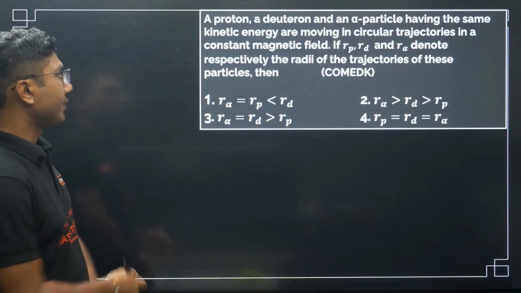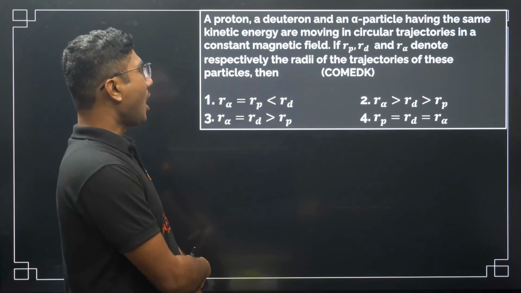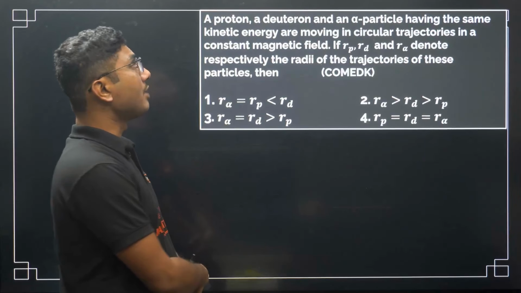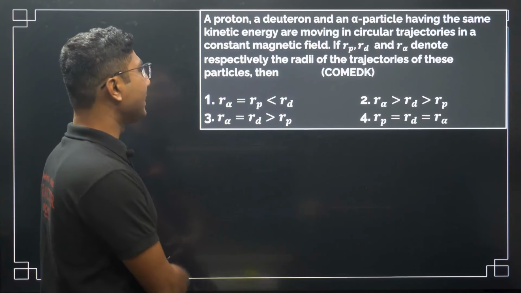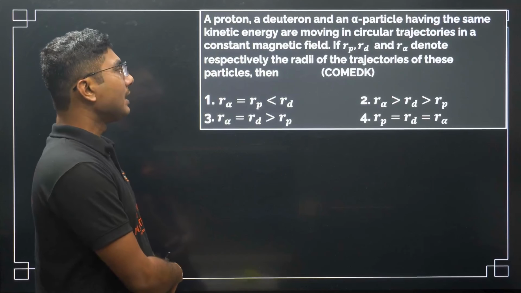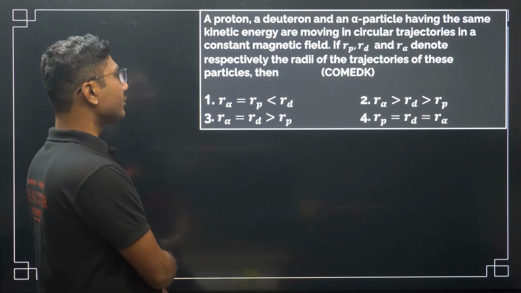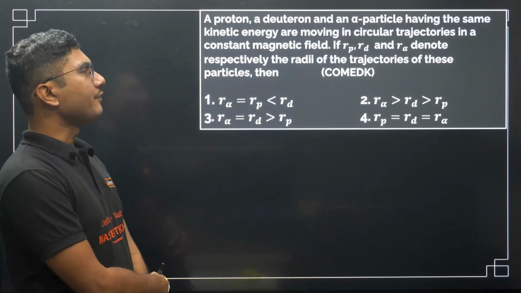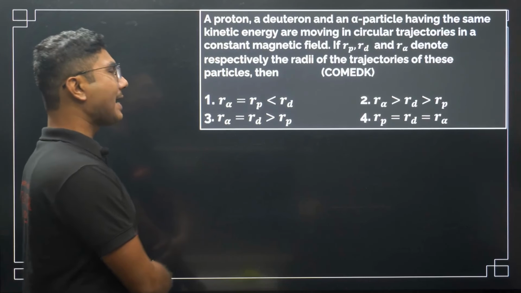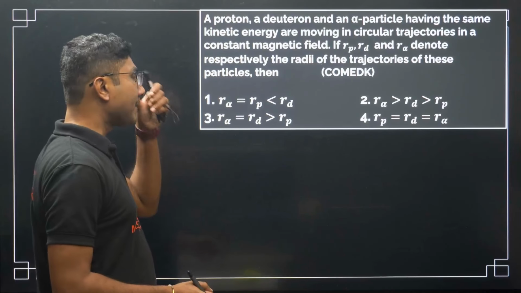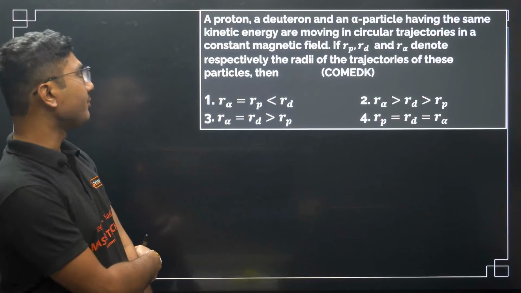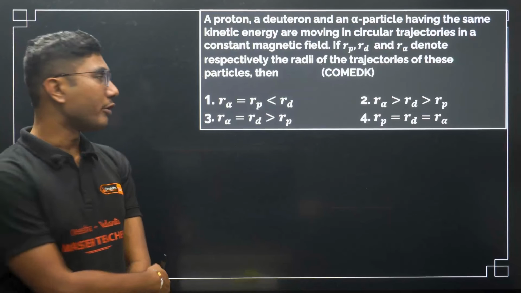Let's see one question. A proton, deuterium and an alpha particle having the same kinetic energy are moving in circular trajectories in a constant magnetic field. If Rp, Rd and R alpha denote respectively the radius of trajectories of these particles, then which of the following is correct?